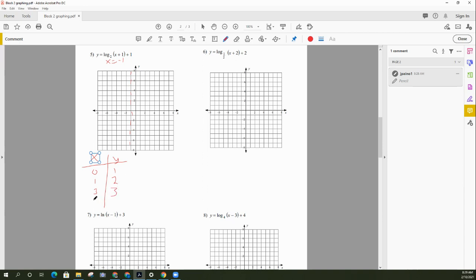I could do another one. 2 cubed is 8. 8 minus 1 is 7. Plug that in. I get 3 plus 1 is 4. So again, remember the y's are always just going to go up by a.